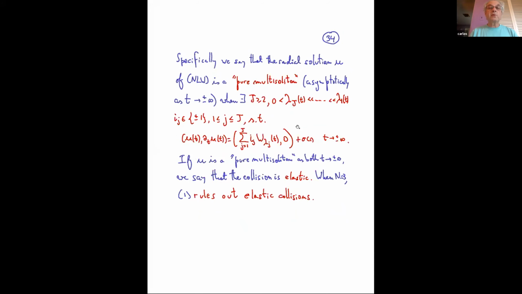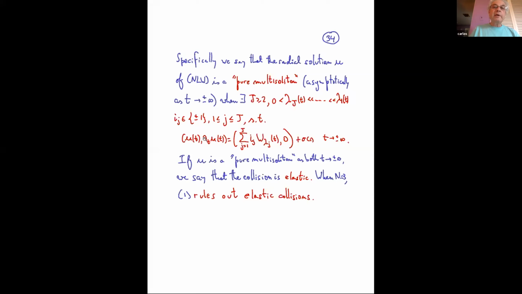So let me just conclude by saying what I mean by this elastic and inelastic stuff in the present setting. Specifically, we say that the radial solution that exists for all times is a pure multi-soliton asymptotically, as time goes either to plus infinity or to minus infinity, when you have more than one soliton scaling parameters, such that your solution asymptotically, as you go to either plus infinity or minus infinity, equals this multi-soliton.